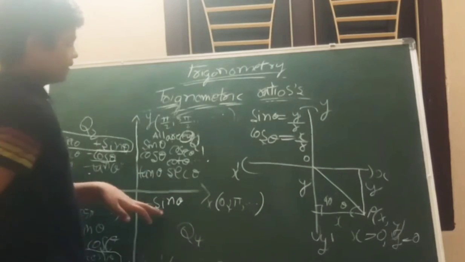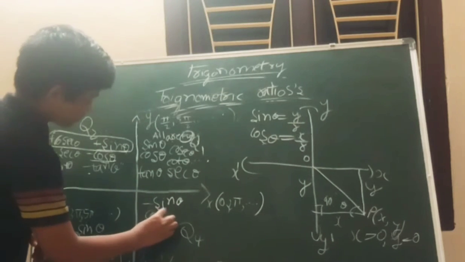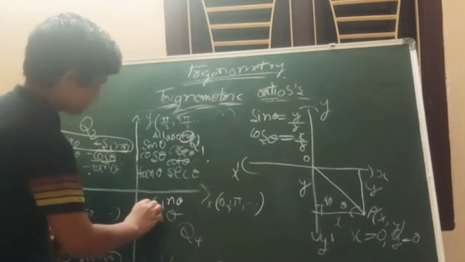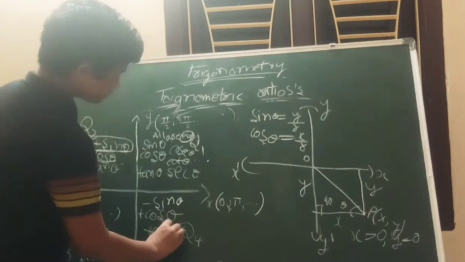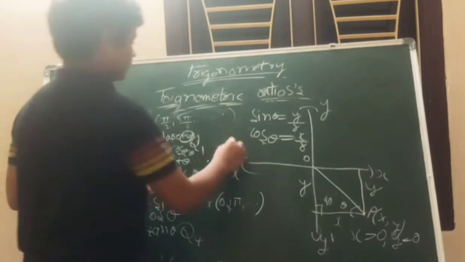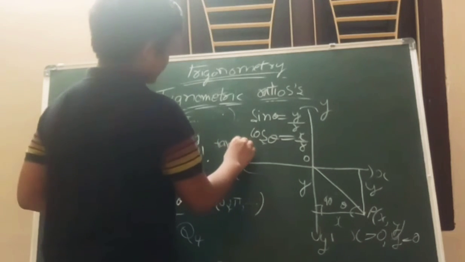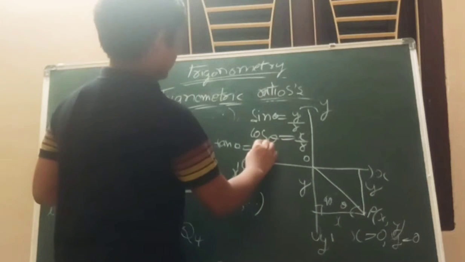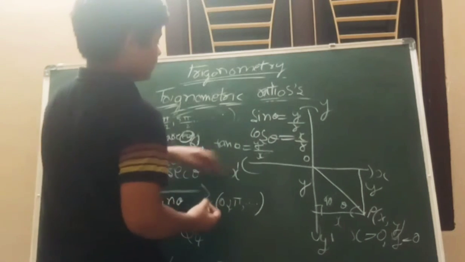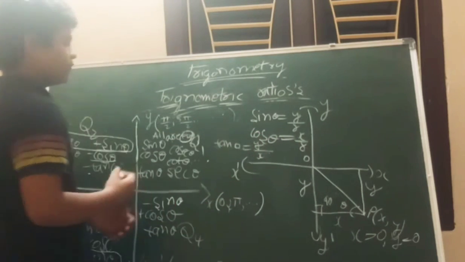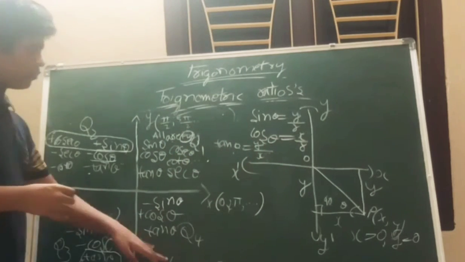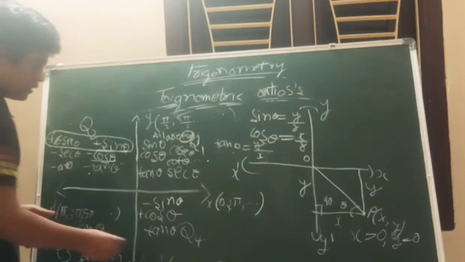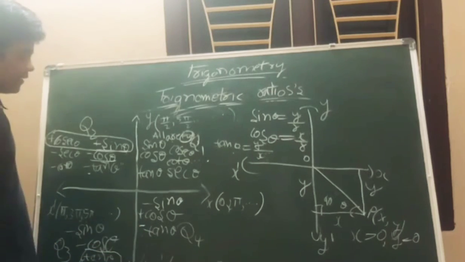So in quadrant 4 cos theta is positive, and tan theta is opposite side by adjacent side. Here opposite side is negative and adjacent side is positive. So in quadrant 4 tan theta is negative.